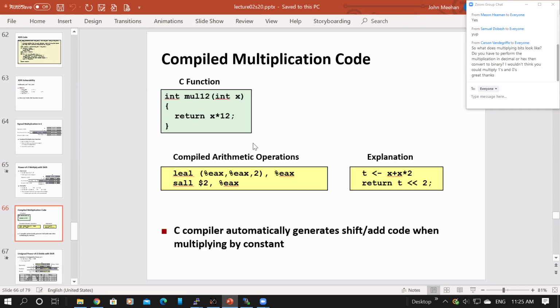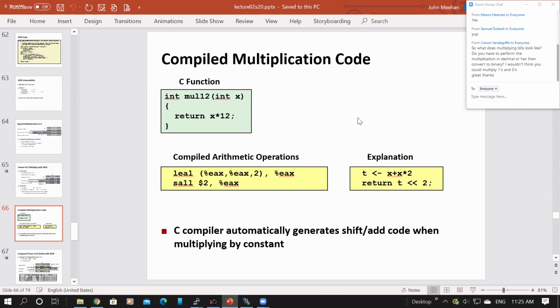And we look at what came out of the compiler when we compiled this. And this is a possible outcome that you could have gotten when you compiled this code down to this assembly language. And so we want to look at what the assembly language is actually doing to do this multiply by 12 thing. The first thing we see here is this load effective address long word instruction. That's the assembly language instruction.